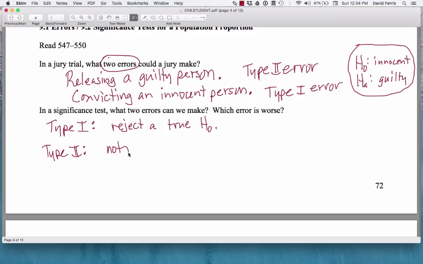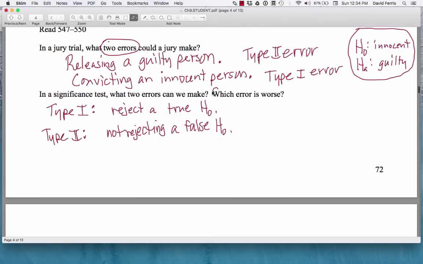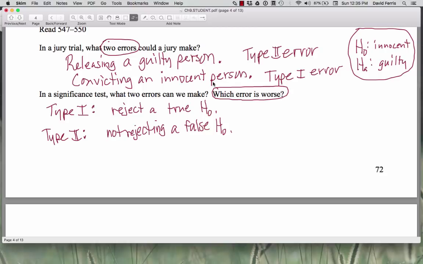Not rejecting a false null hypothesis. And both errors can be bad. The question here says which error is worse. I think you kind of have to just look at each context separately. There's not really a right answer on that.